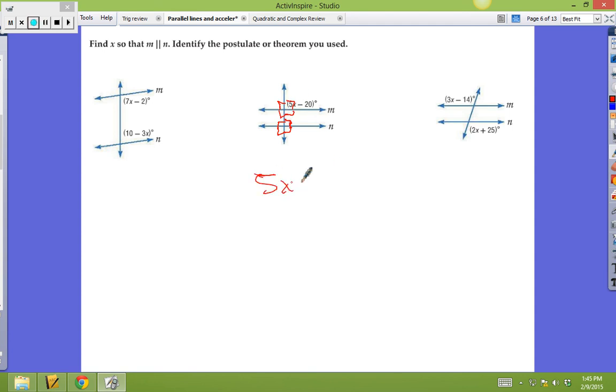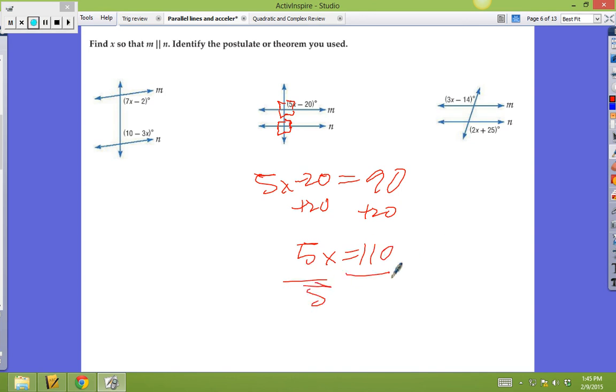So then the 5x minus 20, I want that to be 90. So plus 20, so 5x equals 110, divided by 5. X for this one has got to be equal to 22.